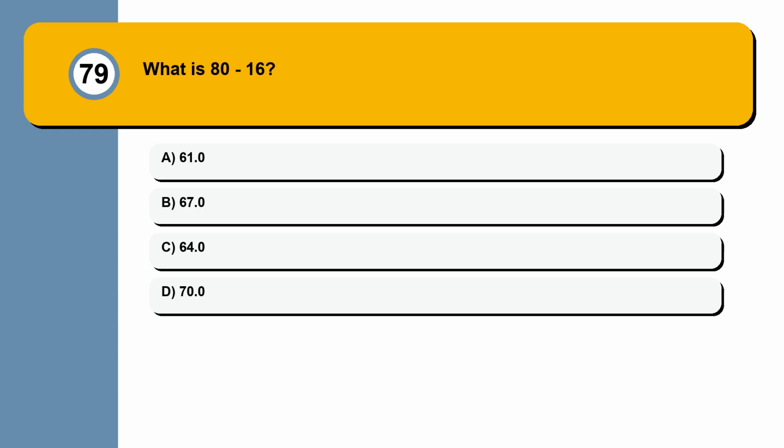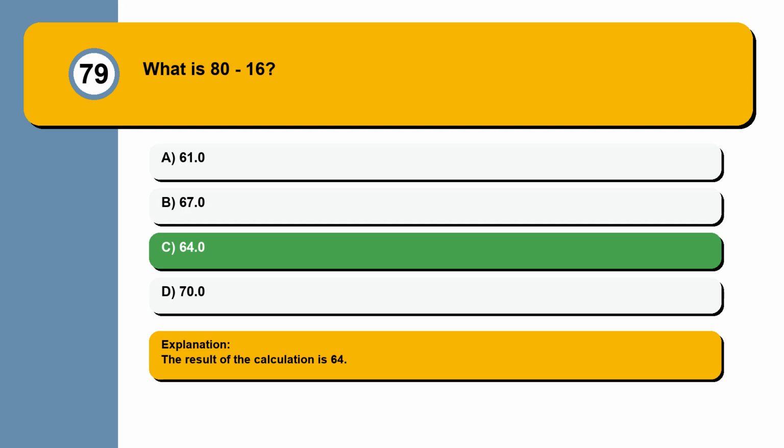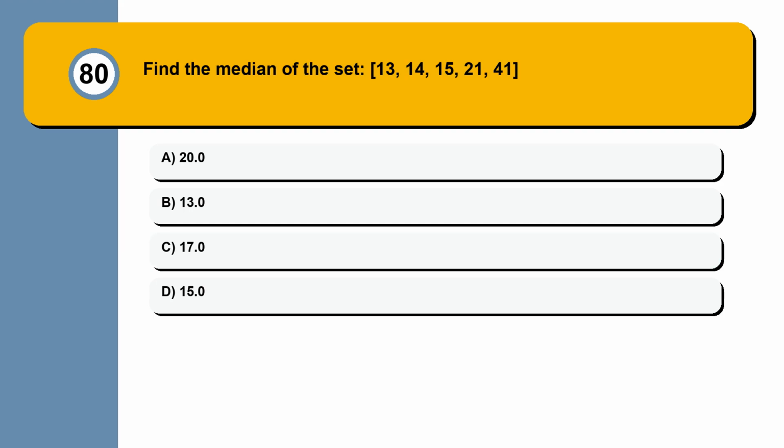Question 79. What is 80 to 16? 61.0, 67.0, 64.0, 70.0. The result of the calculation is 64. Question 80. Find the median of the set 13, 14, 15, 21, 41, 20.0, 13.0, 17.0, 15.0.